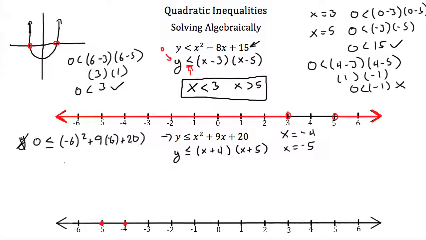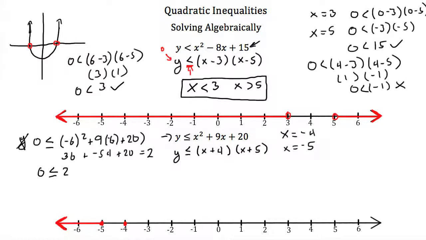Negative 6 squared is 36. Negative 6 times 9 is negative 54, and then plus 20. This is equal to 2. So we have 0 is less than or equal to 2. Well, 0 is less than or equal to 2. So that means everything to the left of negative 5 is a solution. So again, we'd color that in.